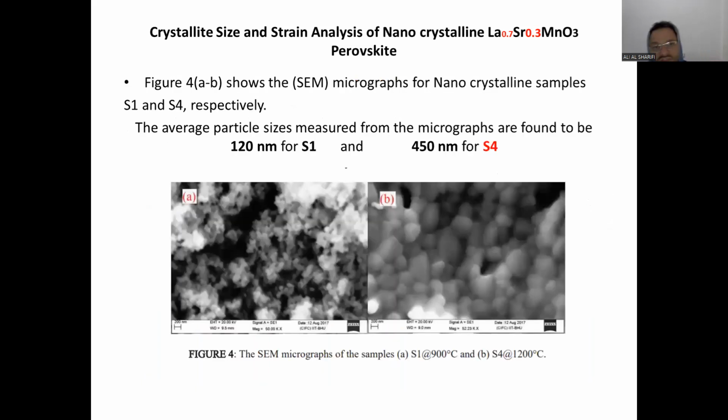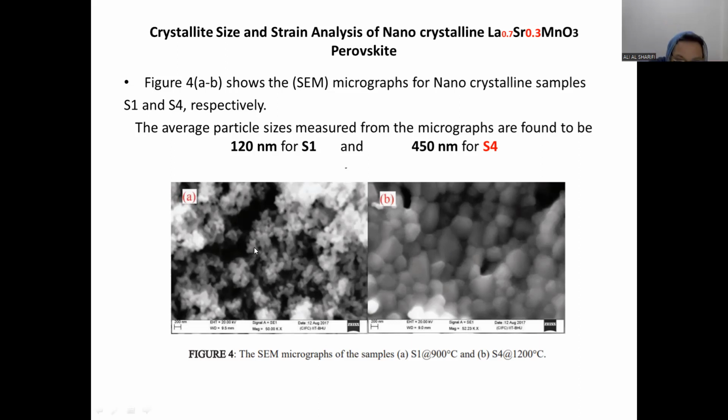Here, I talked about it: when increasing the temperature to reach 900 Celsius, the nanoparticle size equals 120 nanometers. But when increasing the temperature to reach 1300 instead of 900, the nanoparticle size equals 450.